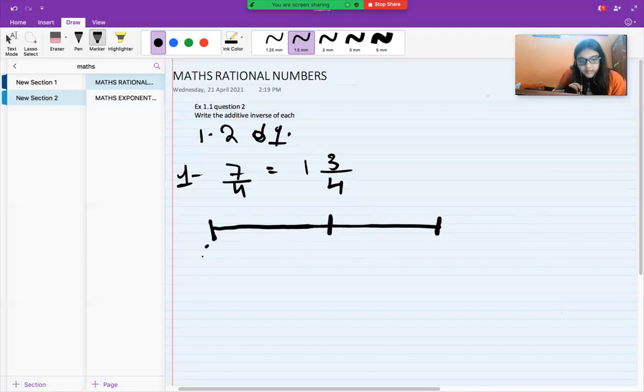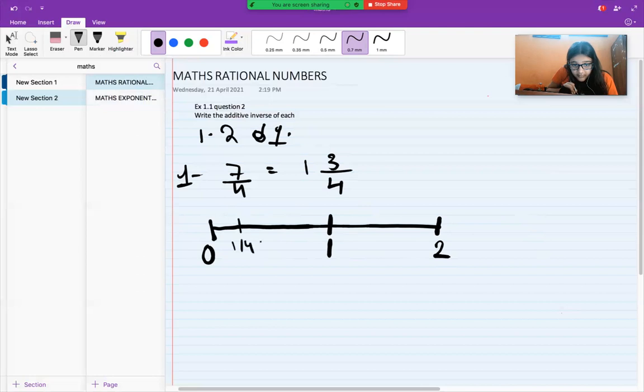So it will be 0, 1 and 2. Now I'll take 1 by 4, 2 by 4, 3 by 4, 4 by 4. 1 is equal to 4 by 4.